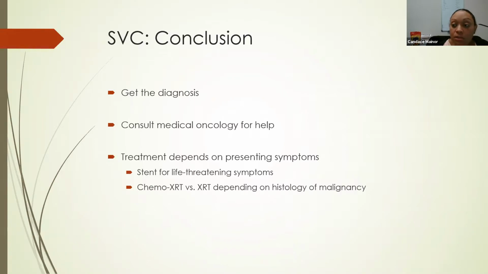Naturally, if a tumor is present when the patient presents with SVC syndrome, it is always appropriate to consult medical oncology if they can help guide the diagnosis and treatment.